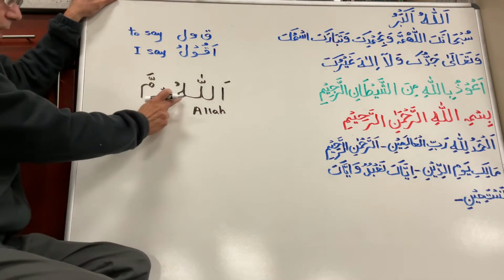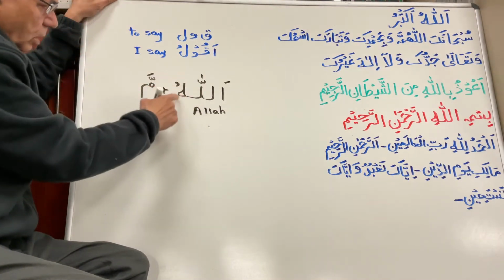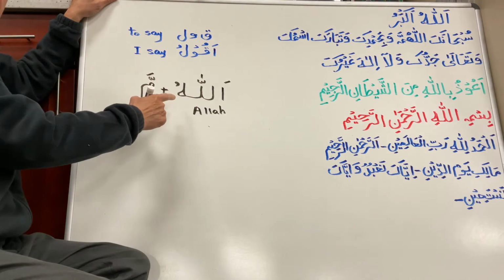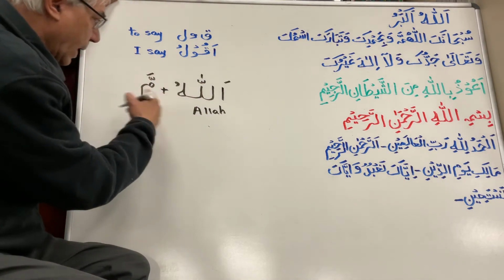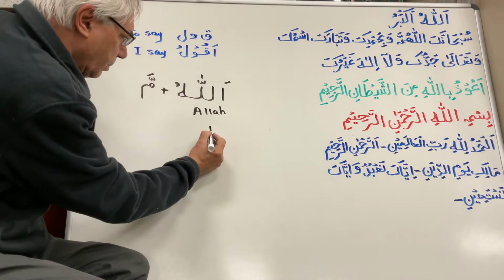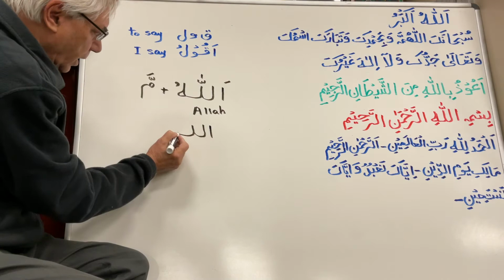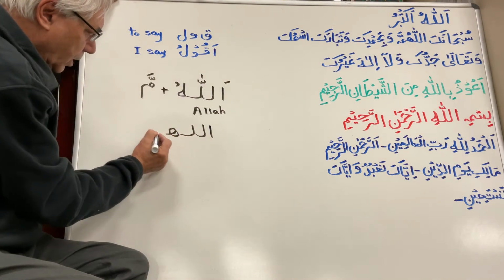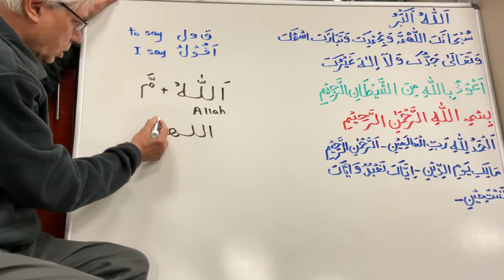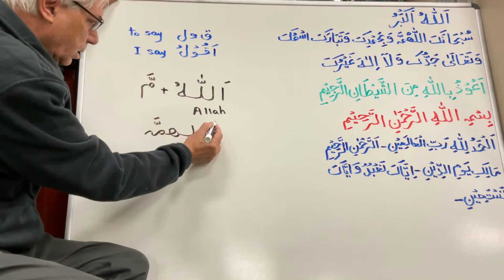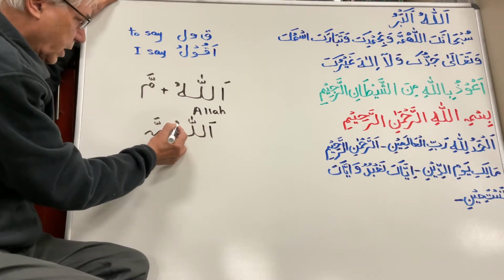If I write these two things together, this ha, which is written this way, becomes the ha with the do chashmi ha when I write down the combination. This ha I'm going to write this way, meem with a shadda, a tashdeed and a zabar. So this is Allahumma.